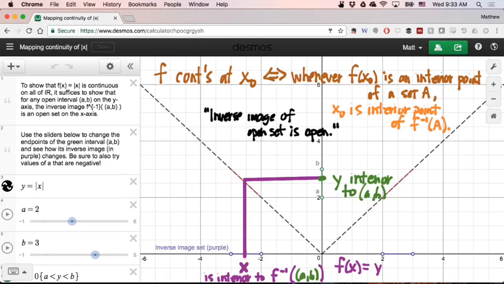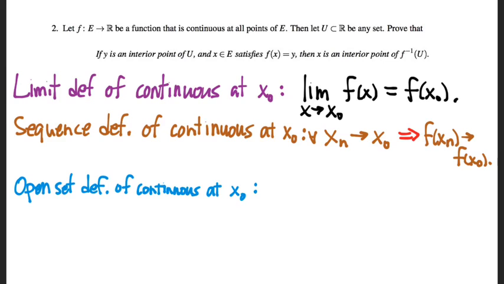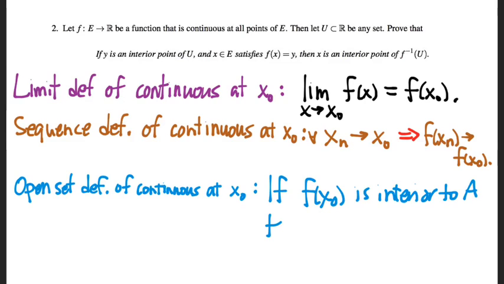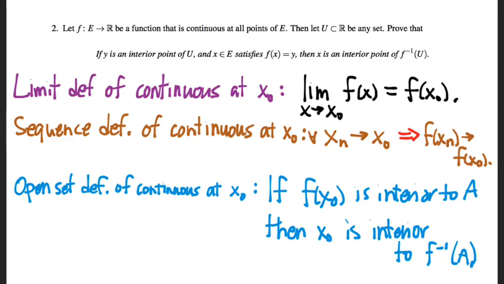And in the textbook, the authors show that these three characterizations of continuous functions are all equivalent. That it's not possible for a function to meet one of these definitions without meeting all three of them.